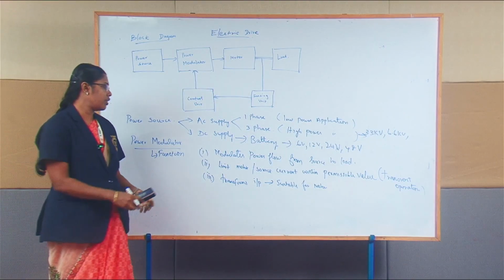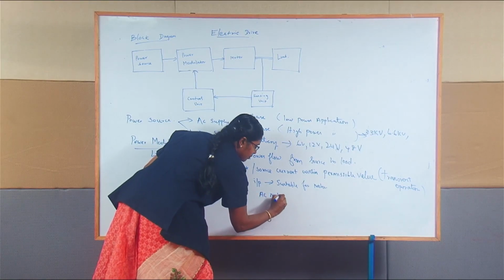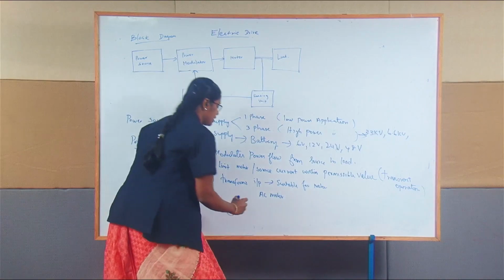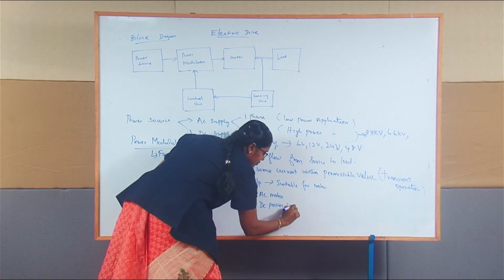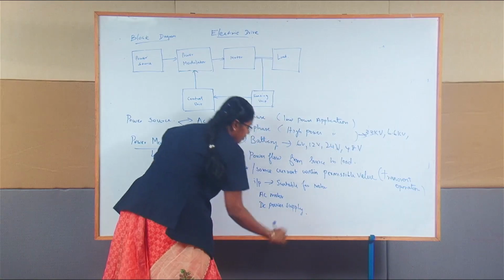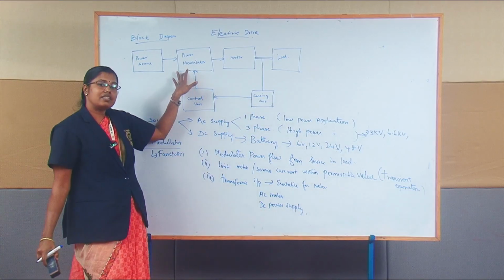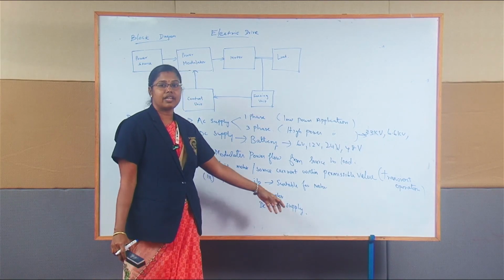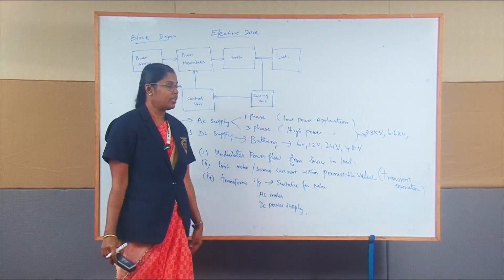Okay, so the motor is AC. But the power supply which I have is only DC. So this power modulator's job in this case is to convert this DC into AC so that it is suitable for this AC motor.